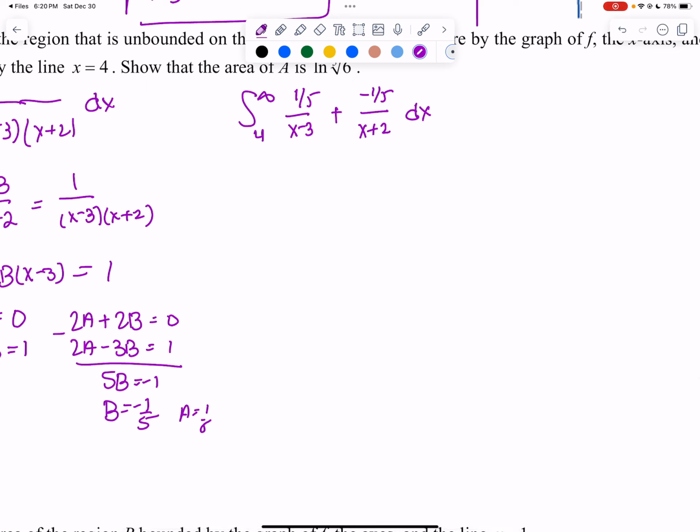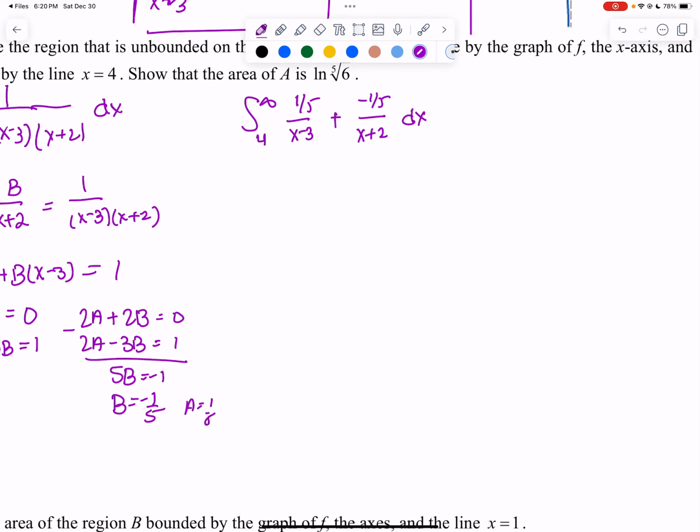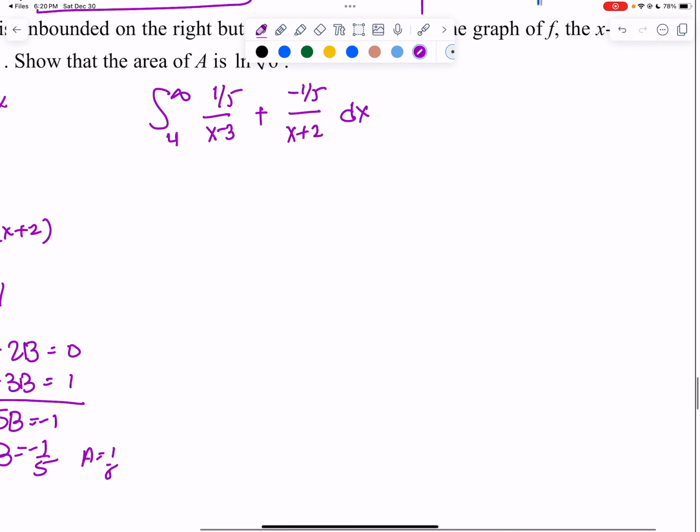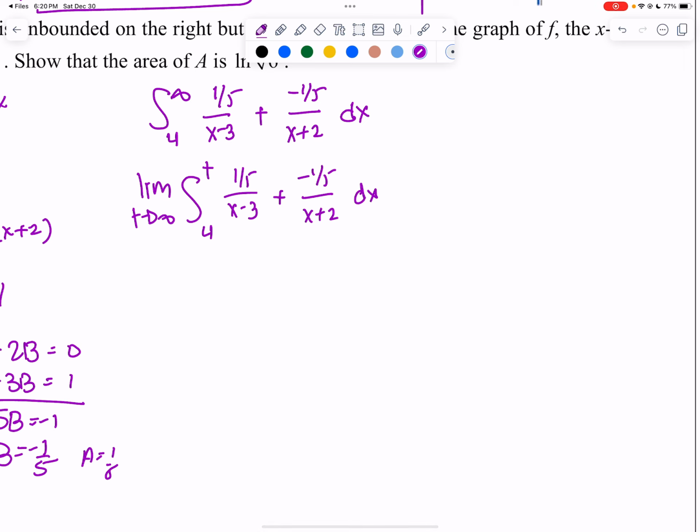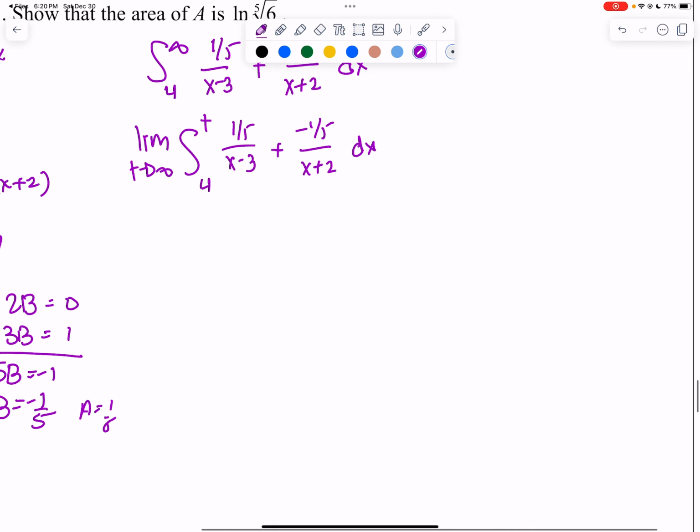Because we do not have any asymptotes here between my two intervals, this is just a type 1 problem that we did in the previous video, where we have the limit as t approaches infinity of the integral from 4 to t of 1/5 over x minus 3 minus 1/5 over x plus 2 dx.